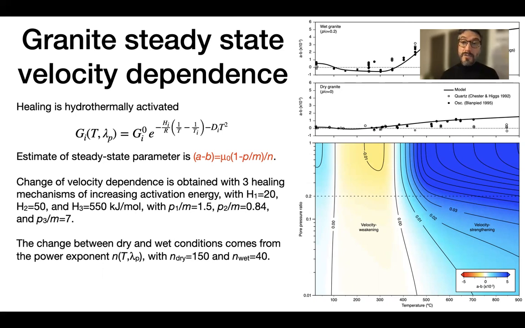So to capture the transition as a function of temperature from velocity strengthening to velocity weakening to velocity strengthening again, we need to invoke 3 different healing mechanisms, each with increasing activation energies, H1, H2, H3, of values 20, 50, and 550 kilojoule per mole, each associated with a different power exponent for the healing term: P1 over M equals 1.5, P2 over M equals 0.85, which is smaller than 1, and P3 over M is 7.